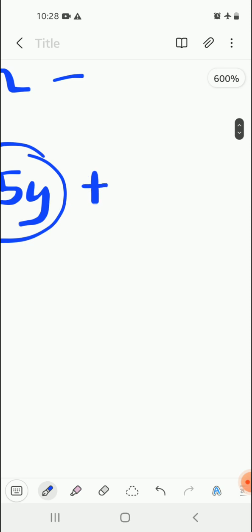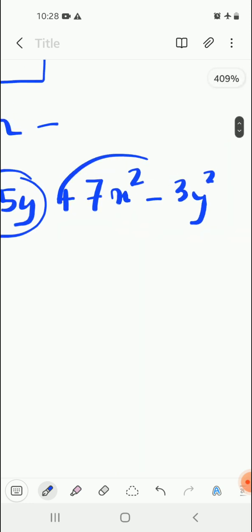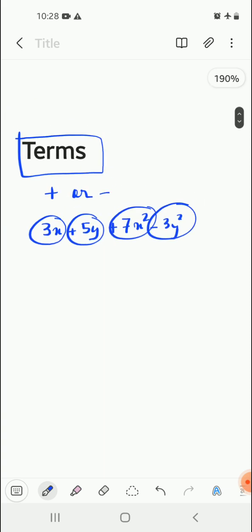Similarly, if I add another term like 7x square minus 3y square, this becomes another term, and this becomes another term, so they become 4 terms. So any expression separated by mathematical operations such as plus or minus makes terms.